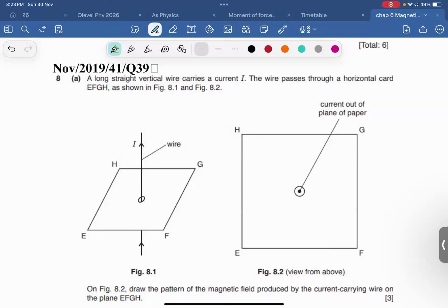A long straight vertical wire carries a current I. The wire passes through a horizontal plane EFGH, as shown in Figure 8.1 and Figure 8.2.